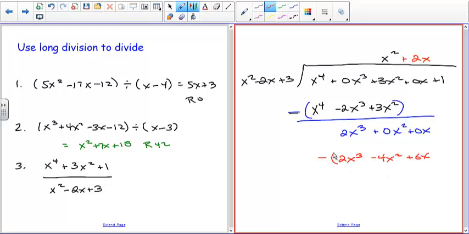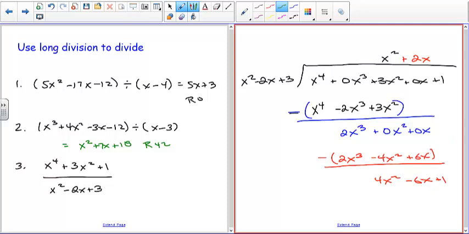I'm really subtracting that. So I add these two together, get 0. Add these two together, 0 plus 4 is 4x squared. 0 minus 6x is negative 6x. Let's bring the 1 down. Plus 1.